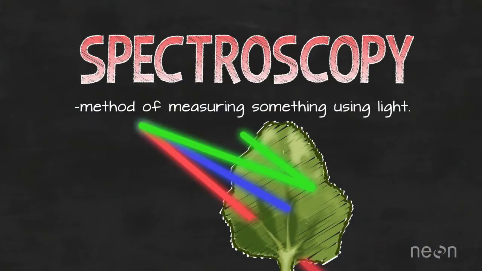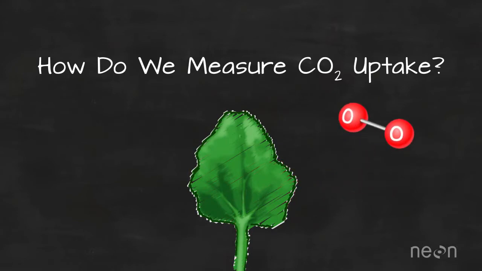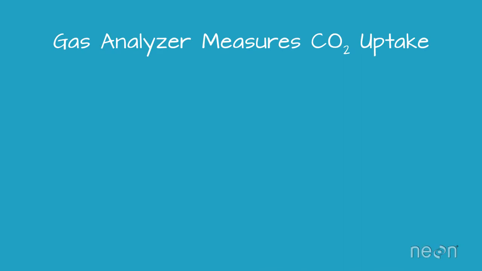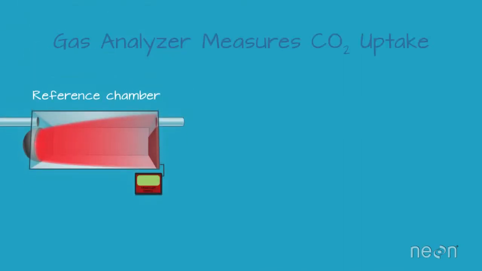So now that we understand the basics of spectroscopy, how do we measure CO2 uptake of an individual leaf? Well, we can use our infrared gas analyzer chamber system. First, add a reference chamber on the left. We'll flow CO2-rich air through this reference chamber and use the infrared light detector to measure how much CO2 is in the air.